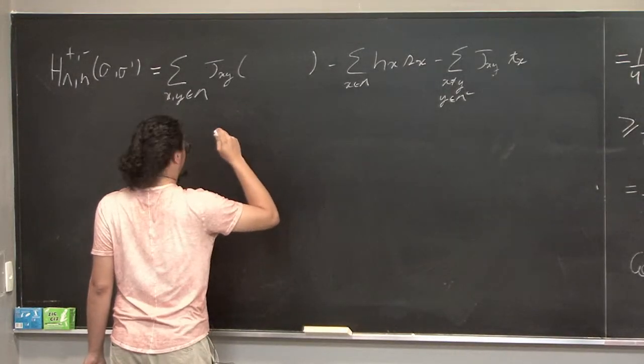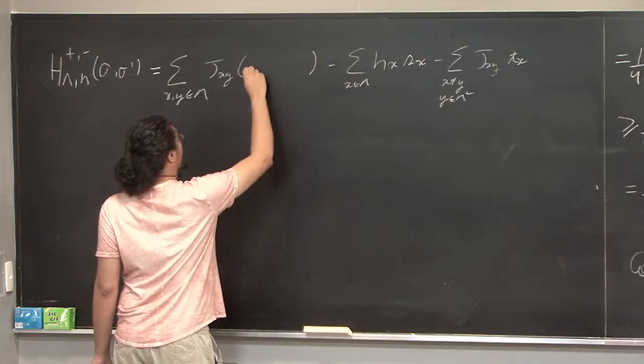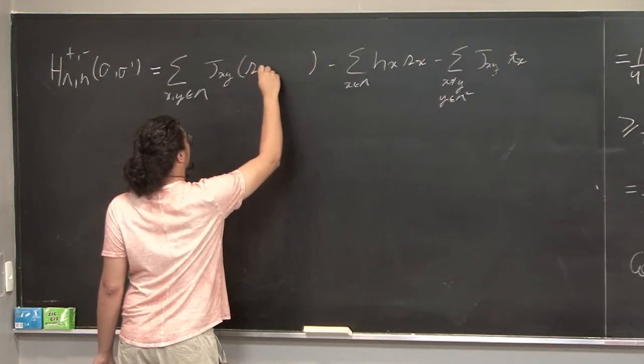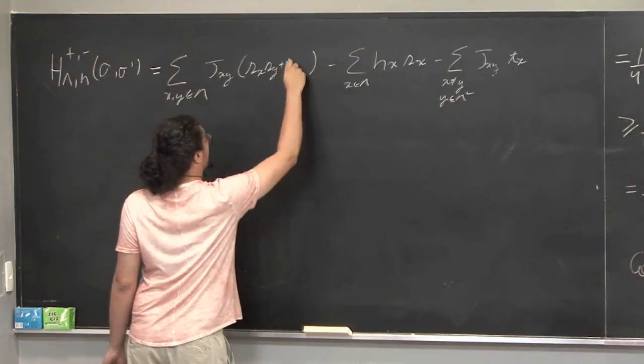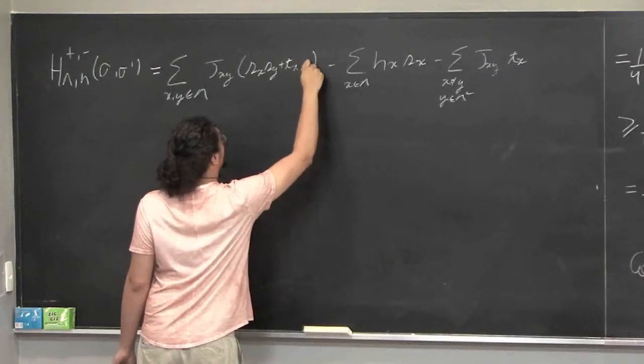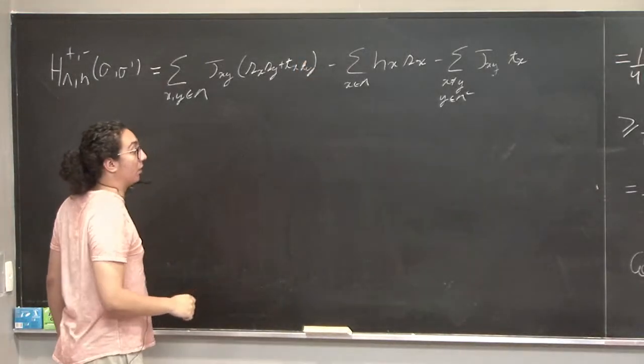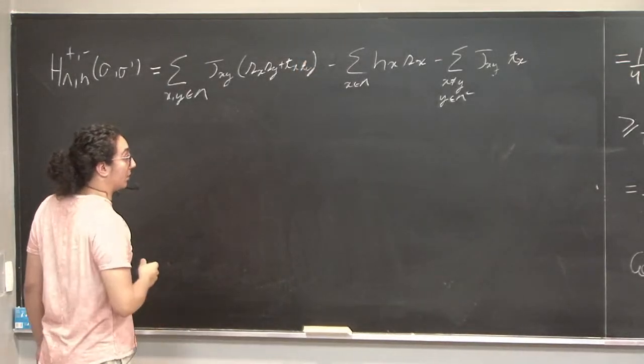I'm going to write it first, so we just reduce it after. This is s x s y plus t x t y. Okay. Let me make this computation.